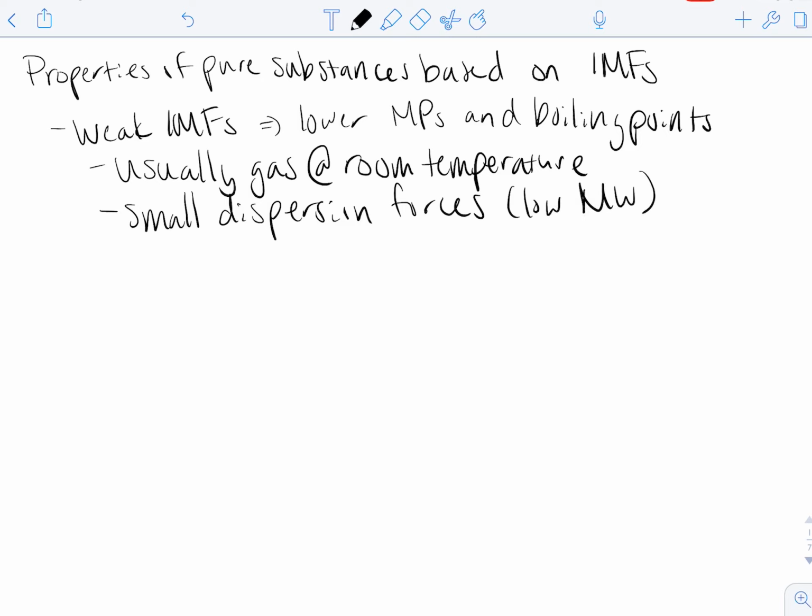Okay, and we can increase our intermolecular forces. We're going to go with medium intermolecular forces, and these are things with medium melting points and boiling points.